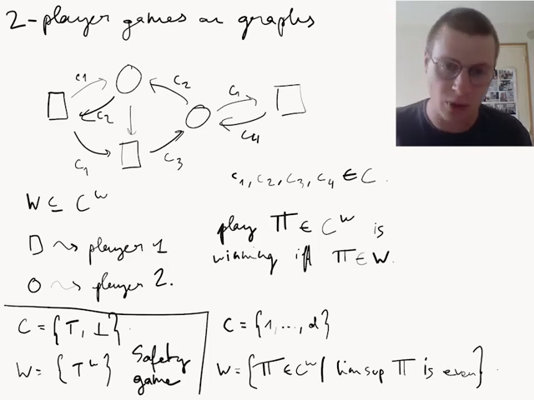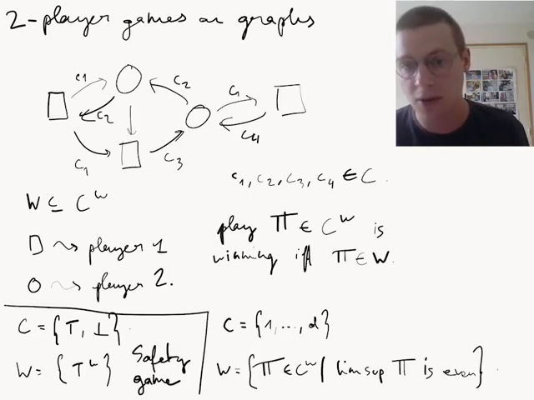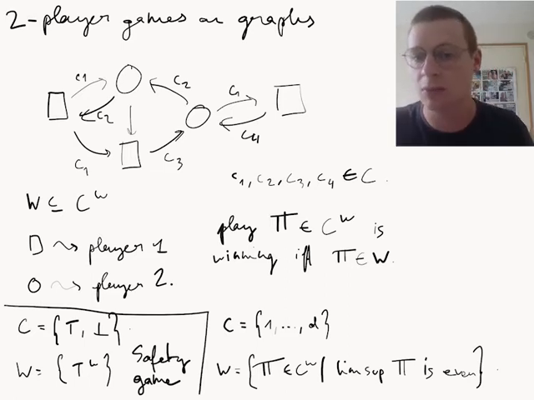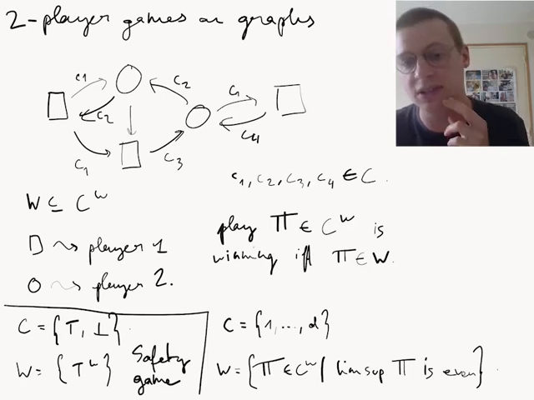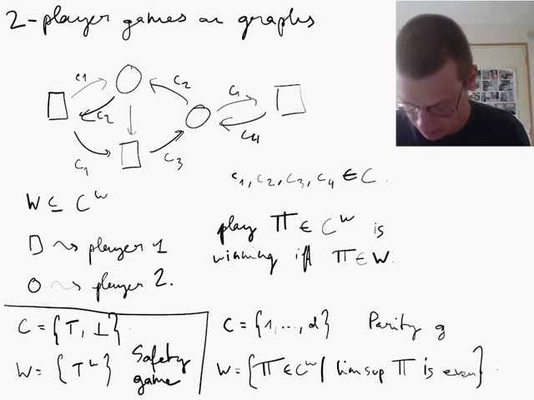In this setting we call them priorities. So it is the maximal priority which appears infinitely often in the play. Player 1 wins if he can enforce the game to stay in some component where it cycles in something where the biggest priority that appears is even. So this is called a parity game.